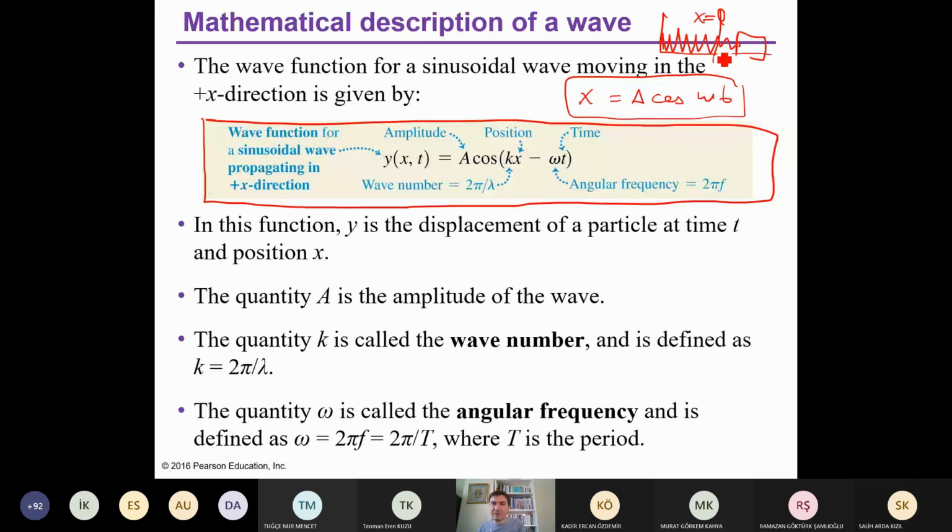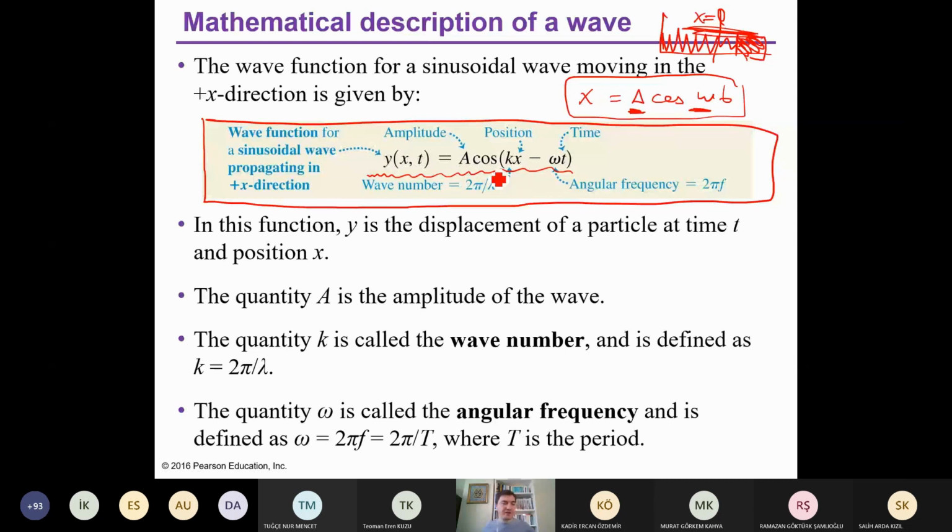This object has a certain frequency and it oscillates around equilibrium with some certain amplitude and some certain angular frequency. So then here we have more or less the same equation, oscillation of the particle, periodic motion of the particle along the y-axis, which is given with some certain amplitude and with this cosine function. This is the angular frequency, this is the wave number.